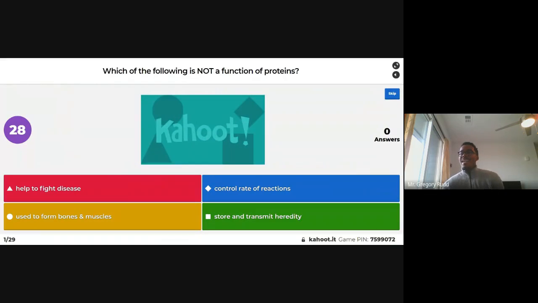Which of the following is not a function of proteins? Proteins do a little bit of everything for our body, except for one of these things that you're seeing on the screen.